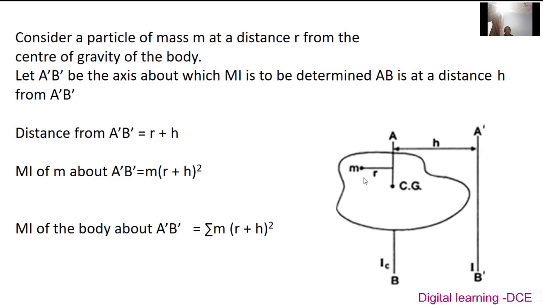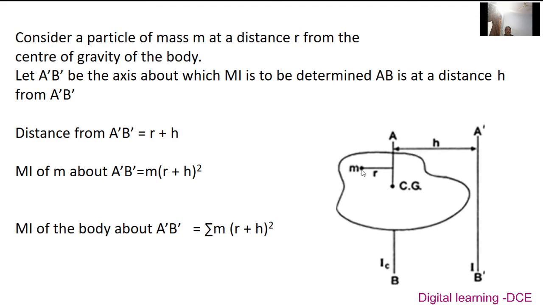So the distance of the particle of mass m from A'B' is equal to r plus h. The moment of inertia of the particle m about A'B' is equal to m into (r plus h) whole squared, because from the definition, moment of inertia is equal to mr squared, where r is the distance from the axis of rotation.